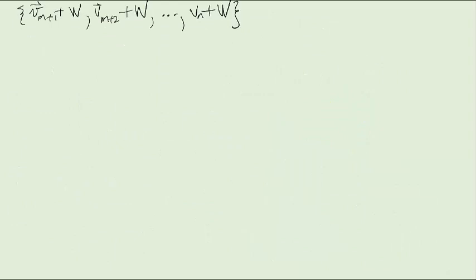So to show that this set of n minus m vectors, or cosets, is linearly independent, we pick some scalars.